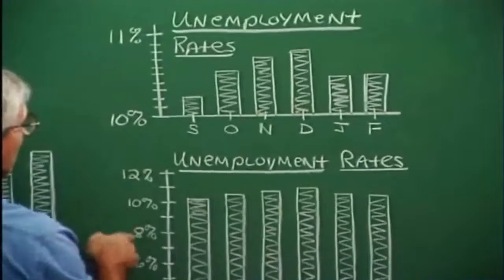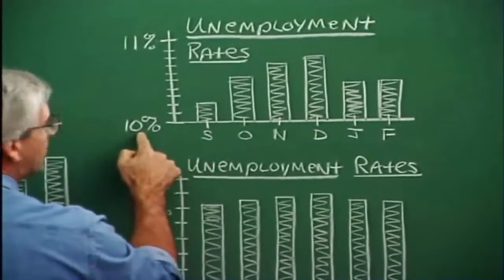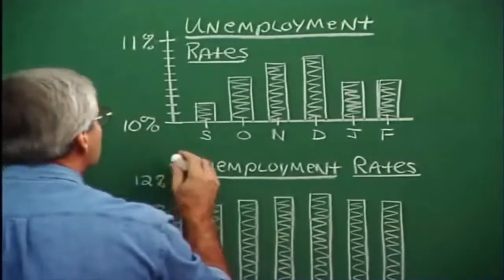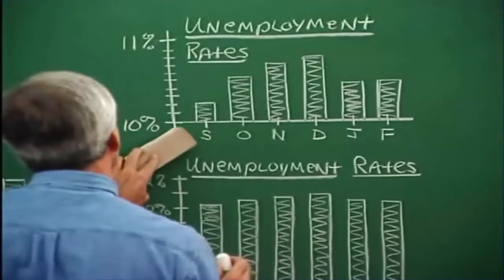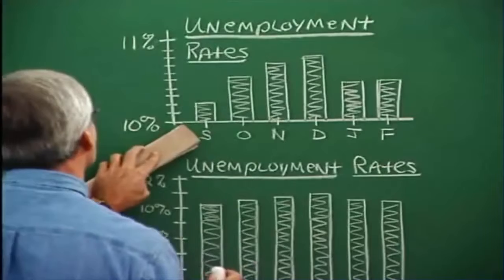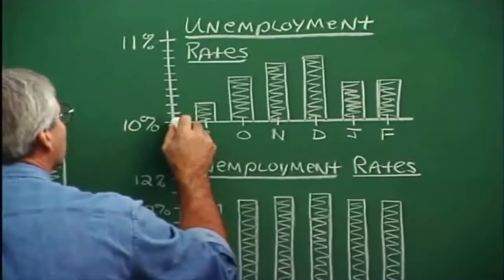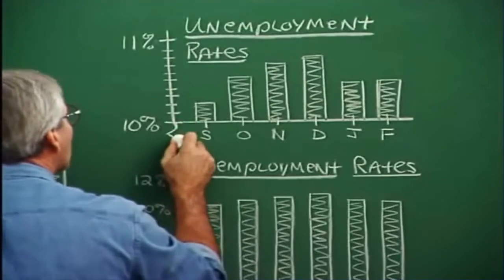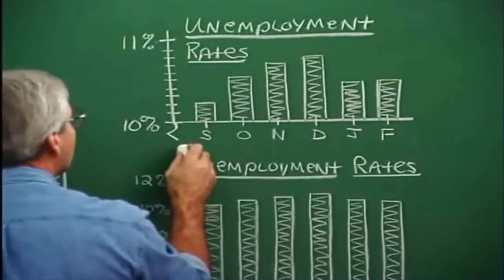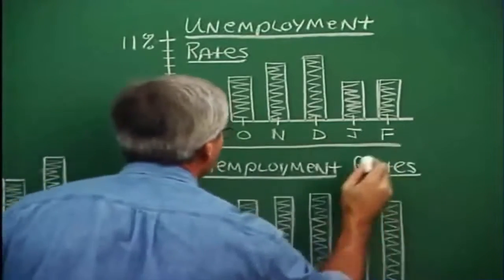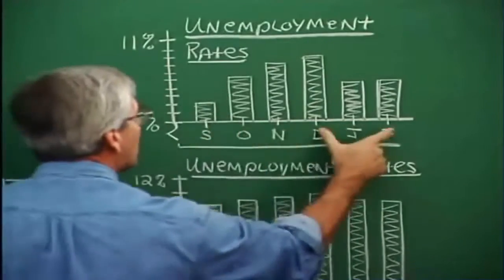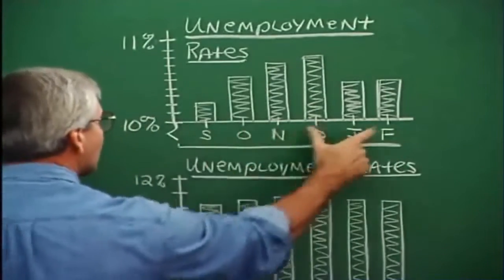If on this bar graph we were starting at 10%, then we really should start the graph a little bit down here and make a notation kind of like this, where we have a little indicator that says there's a break in the action here. And now our months would go this way, and all of these month indicators would be below this line.